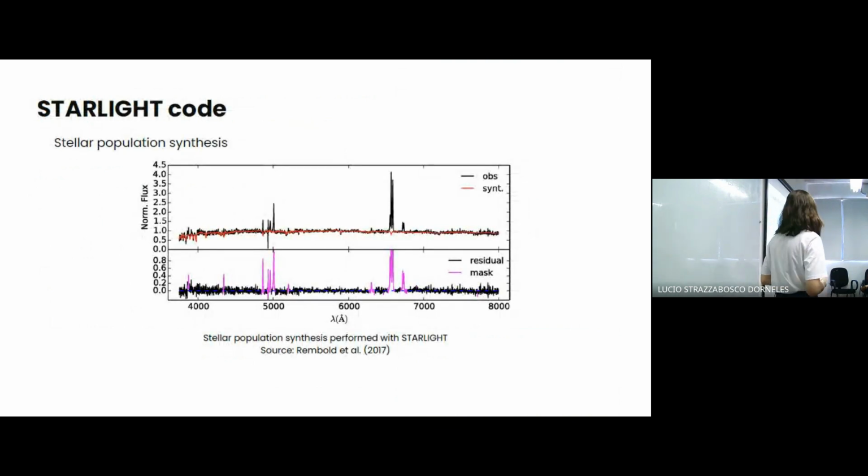For the information about the stellar populations, we use STARLIGHT, which performs stellar population synthesis. It is basically a synthetic spectrum fitted to the observed one, and through this, it obtains some properties about the stellar population, like the metallicity, the history of the star formation, and the star formation rate for a certain age interval of the population.